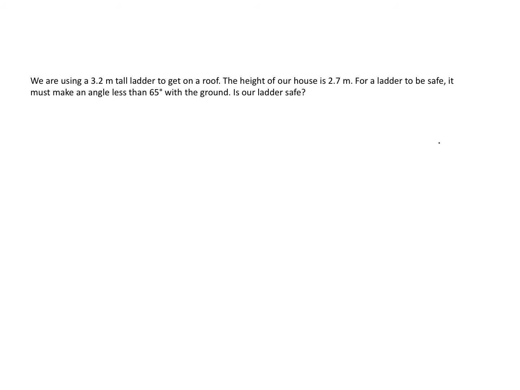In this example, we have a ladder leaning against the side of a building. The ladder is 3.2 meters, and the height of the house is 2.7 meters. Again, assume a right angle. Now, to be safe, the ladder must be less than 65 degrees with the ground. So we need to figure out this angle.